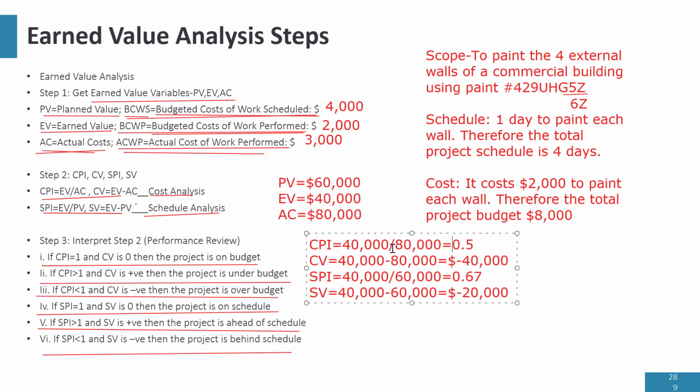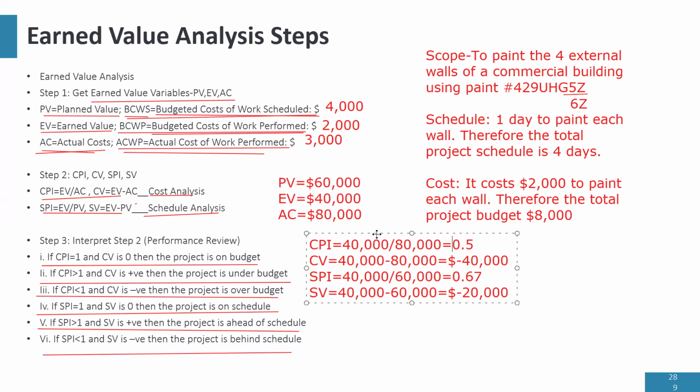So EV divided by AC, it will be a division between them. But if it's a variance, it will be negative, EV minus AC. Here is EV, 40,000 divided by PV. Here is EV minus PV. Variances have minus, indices have division. So that can help you remember.